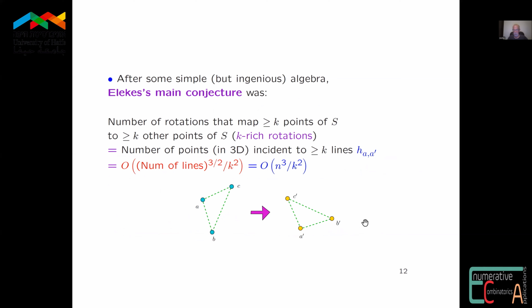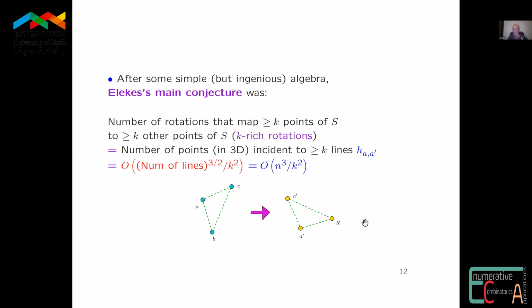Elekes needed the following conjecture. Fix some parameter k and call a rotation k-rich with respect to the point set S if it maps at least k points of S to k other points of S. Like in the figure here, we have a 3-rich rotation that takes a triangle in S and maps it to a congruent triangle in S. So Elekes' conjecture was that if you have m lines in 3-space, the number of k-rich points, the number of points that lie on at least k of the lines, should be at most the number of lines to the 3/2 divided by k squared.